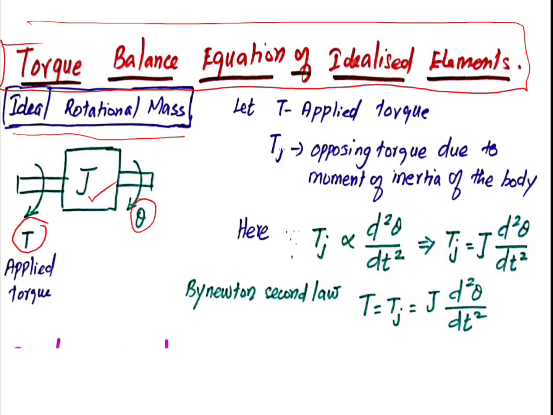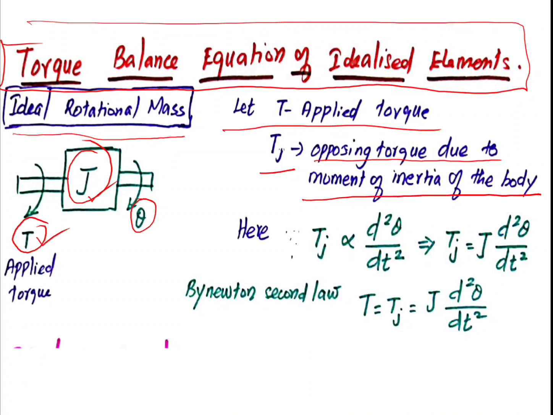Applied torque is T, and moment of inertia is J. Let T be the applied torque and Tj the opposing torque due to the moment of inertia of the body, because for any force an equivalent opposing force will be given by the element.